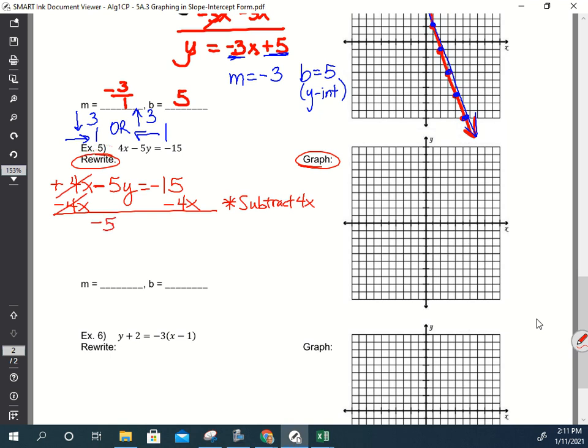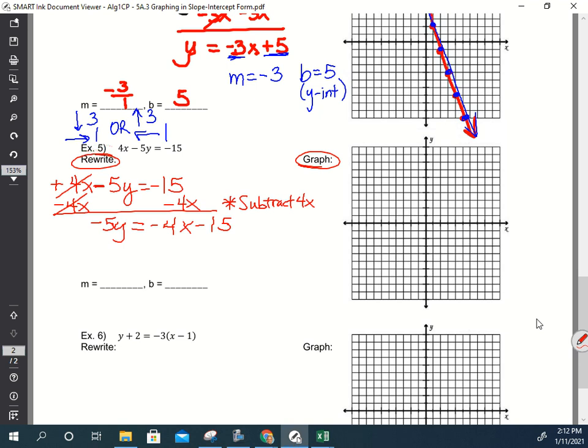You have negative 5y equals negative 4x minus 15. Now what do we do? Divide by negative 5. There you go.